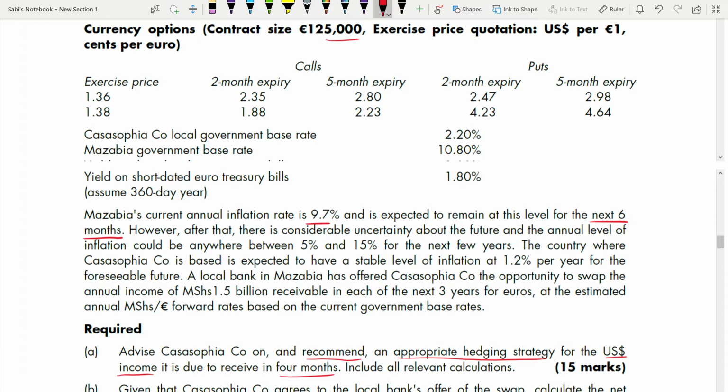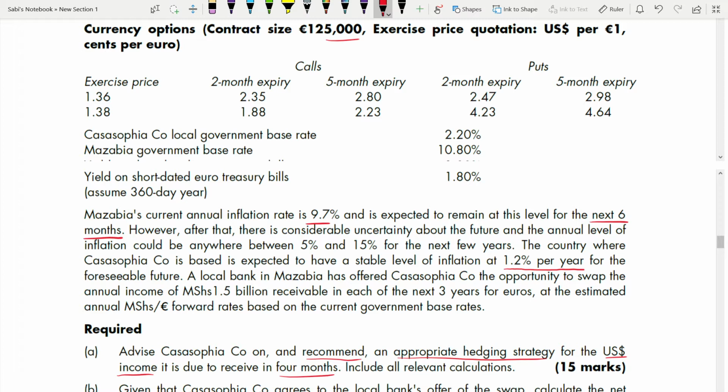However, after that there is considerable uncertainty about the future, and the annual level of inflation could be anywhere between 5 and 15% for the next few years. The country where Casasophia is based is expected to have a stable level of inflation at 1.2% per year for the foreseeable future.